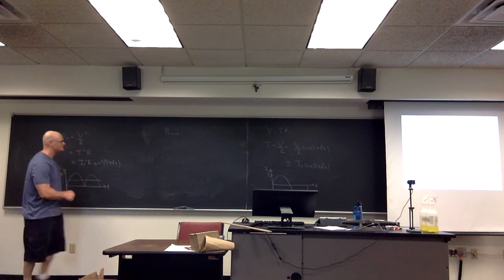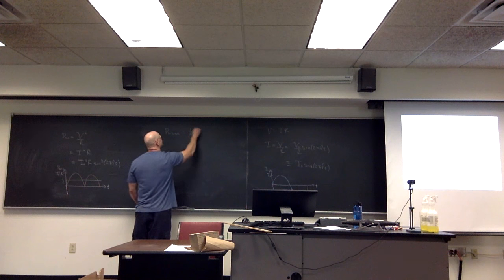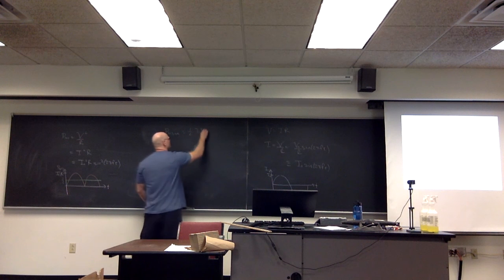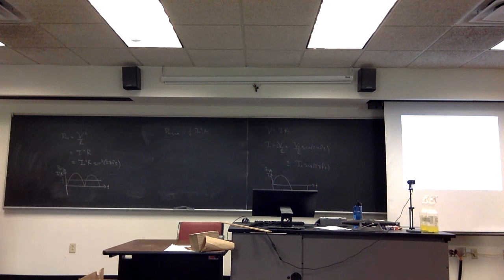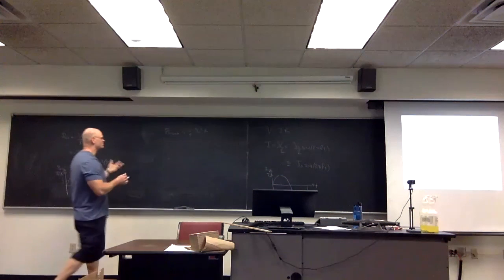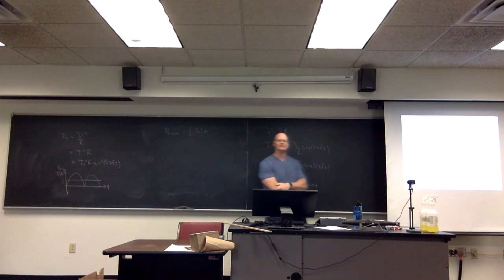So this becomes equal to 1/2 of the peak potential squared times the resistance. This is the average power which is being lost. So it's 1/2 of the maximum amount. Again, because this is oscillating so quickly, what you're going to measure is the average, which is 1/2 of the peak.